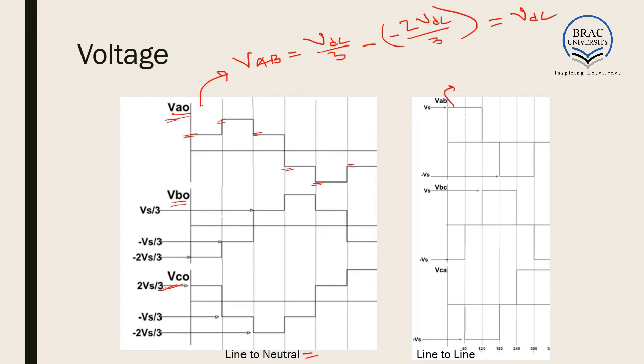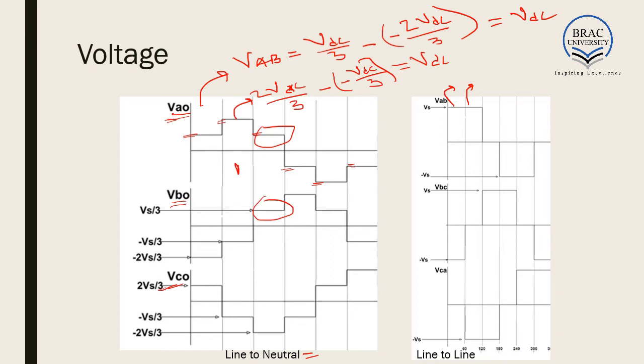From 60 to 120 degree, we have VAB is equal to 2 VDC by 3 minus VDC by 3. So in this stage we get VAB is equal to VDC. Again we get VAB is equal to VDC. For the next 30 degree, we have positive VDC by 3 as VA and positive VDC by 3 as VB.